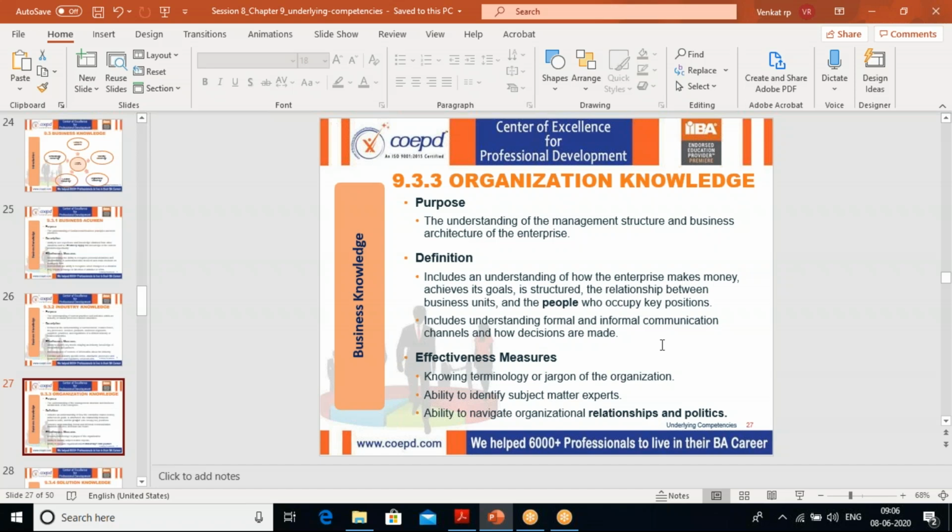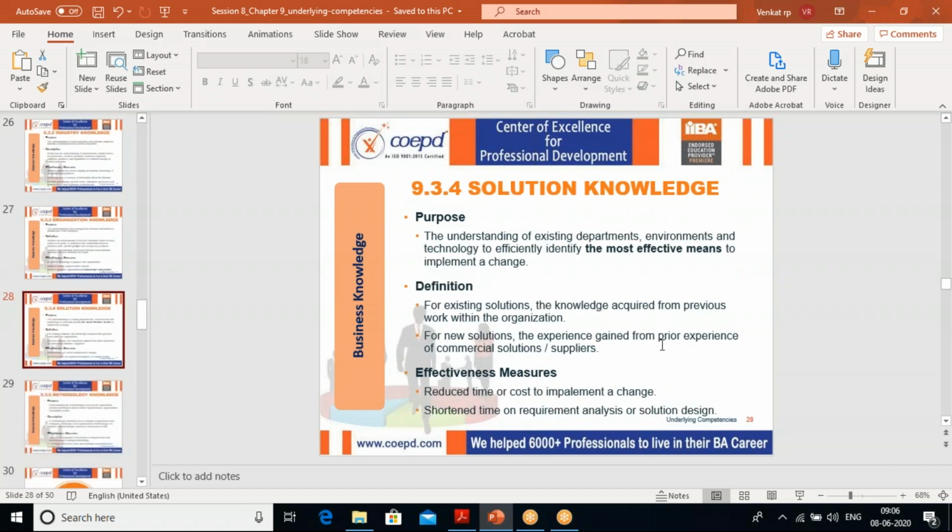Who are the people who take major decisions, what are their designations and roles, and how they impact other people and other processes. You should have this knowledge about the present organization.